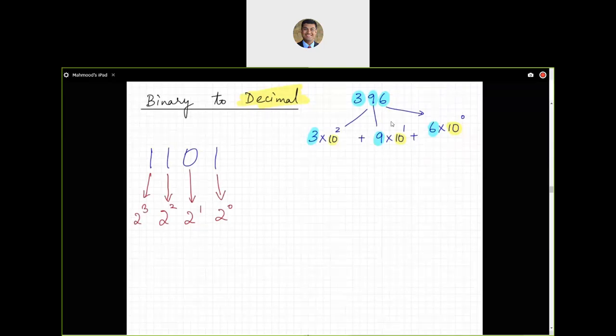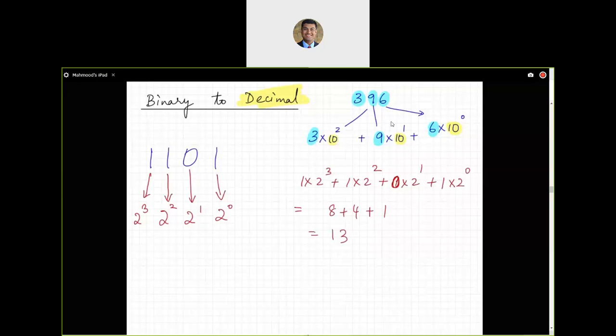So what I have is 1 times 2 raised to 3, plus 1 times 2 raised to 2, plus 0 times 2 raised to 1, and last, 1 times 2 raised to 0. This gives me 8 plus 4 plus 1, which is 13 in decimal, right?